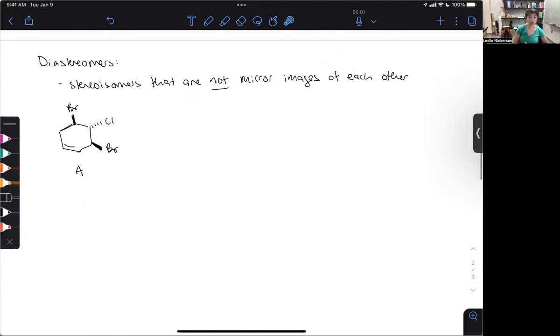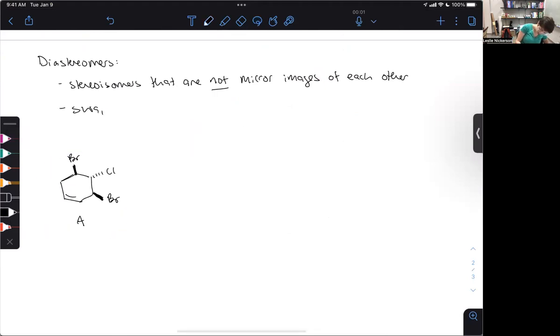Alrighty, so diastereomers: we're looking at stereoisomers that are not mirror images of each other. My best advice for diastereomers is to swap one, up to one less than the total, of the stereocenters, and I'm going to explain that.